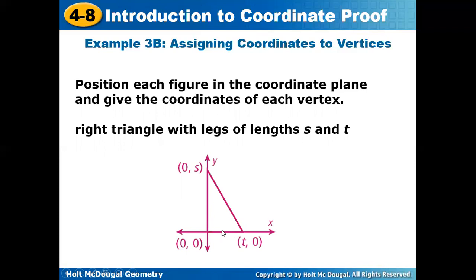One leg is T, so for the leg which is on the x-axis, we start with T and put 0 in the other coordinate. And the other leg, whose length is S, we can write its coordinates as 0 and S. So the point which is on y has 0 on x, and the length on y, which is S.